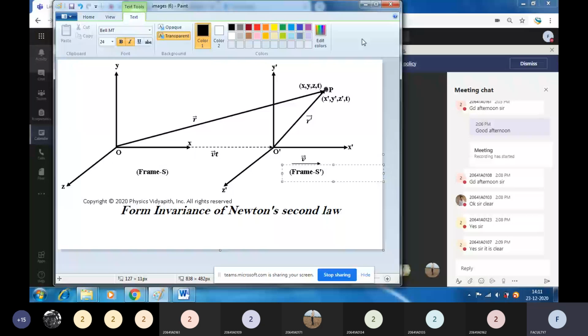Let me clear one thing. I need to get clarity whether you are able to hear my voice or not. Are you able to hear my voice? Few members said it is clear. 103, 123, 107 said it is clear.